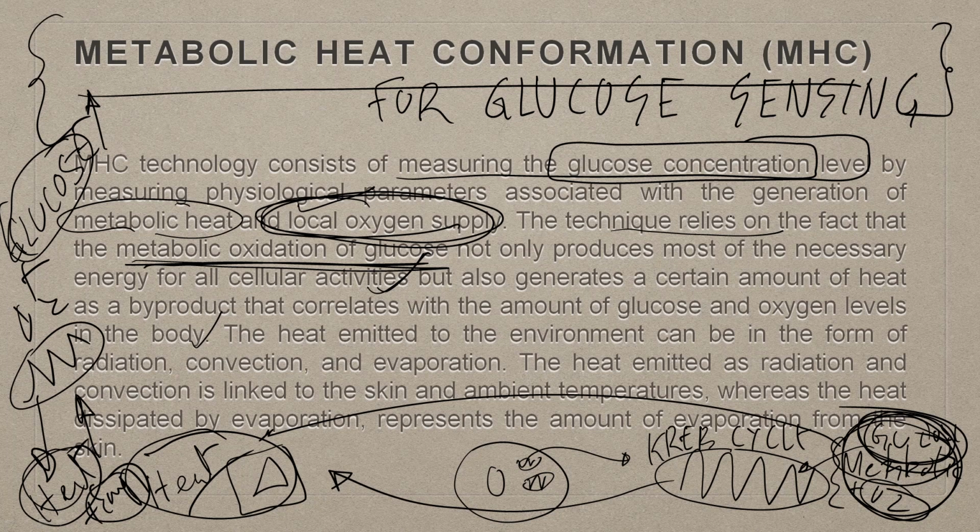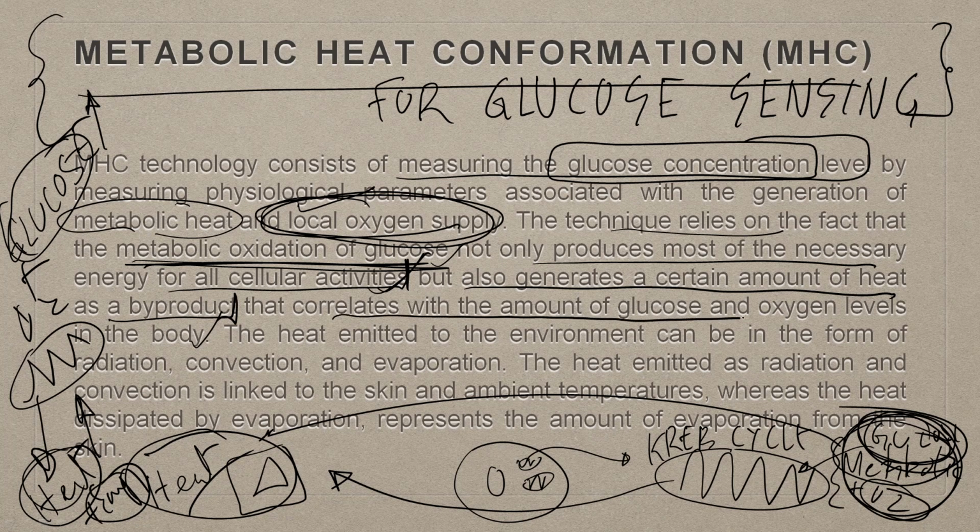This technique relies on the fact that metabolic oxidation of glucose not only produces most of the necessary energy for all cellular activities, but also generates a certain amount of heat as a byproduct that correlates with the amount of glucose and oxygen level in the body. The heat emitted in the environment can be in the form of radiation, convection and evaporation.